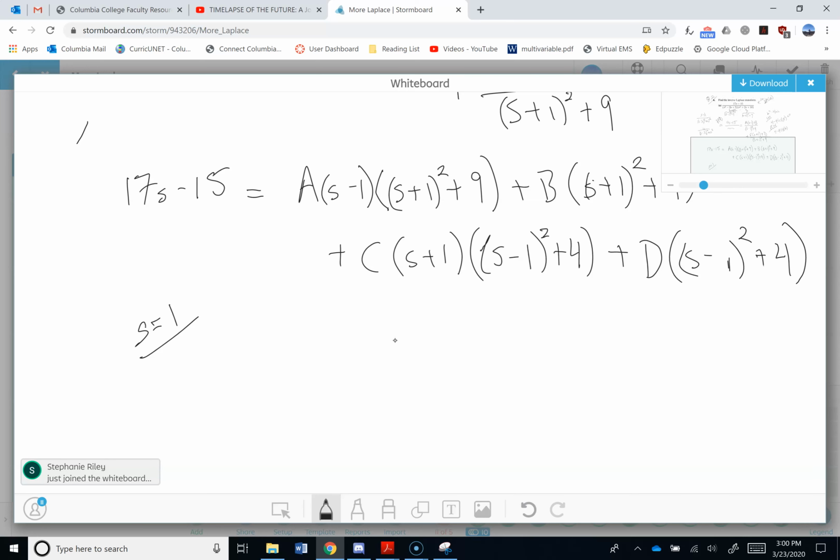And so at s is 1, on the left-hand side I have 2.